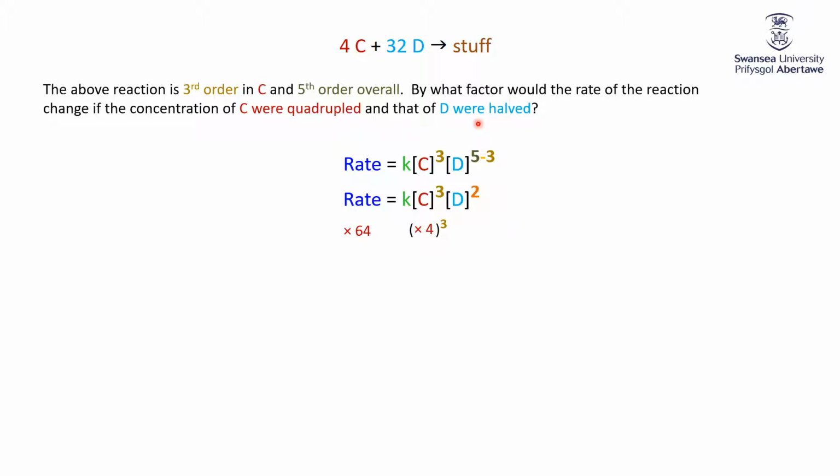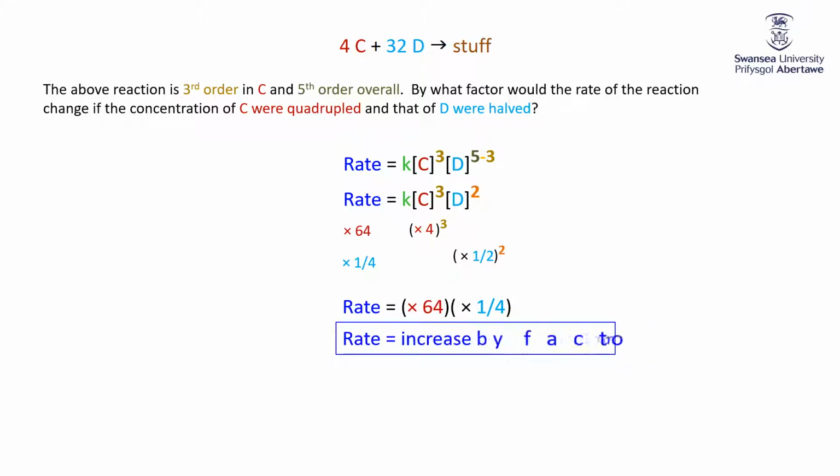What I said was, in this particular situation, I'm going to halve the concentration of D. Well, whatever I do to the concentration of D is going to be squared in its effect on the rate. And so halving the D quarters the rate. When I do these both things together, I do something that multiplies the rate by 64, and I do something that quarters the rate. Well, then the combined effect is that the rate increases by a factor of 16, right? 64 times a quarter.